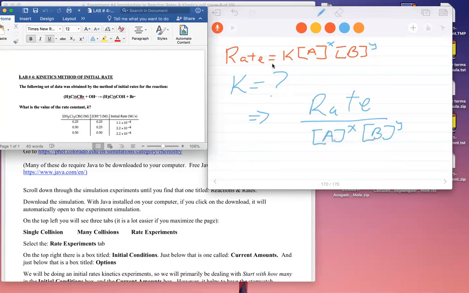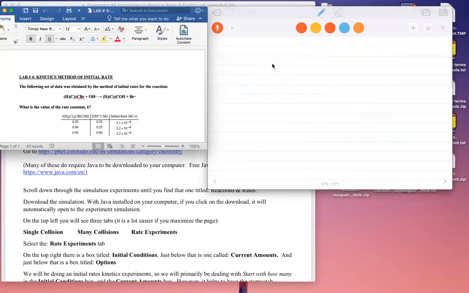So let's get started. Method of initial rate, to find the value for Y or X. Let's start with X. In the method of initial rate, to find the value for X, which is for the first reagent, you got to look at two experiments.